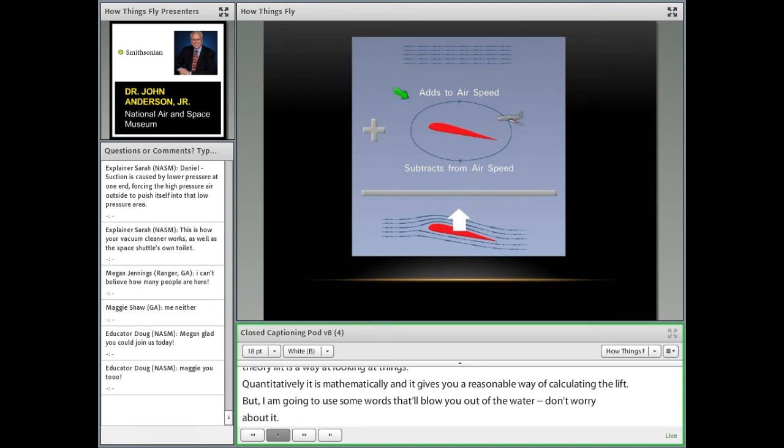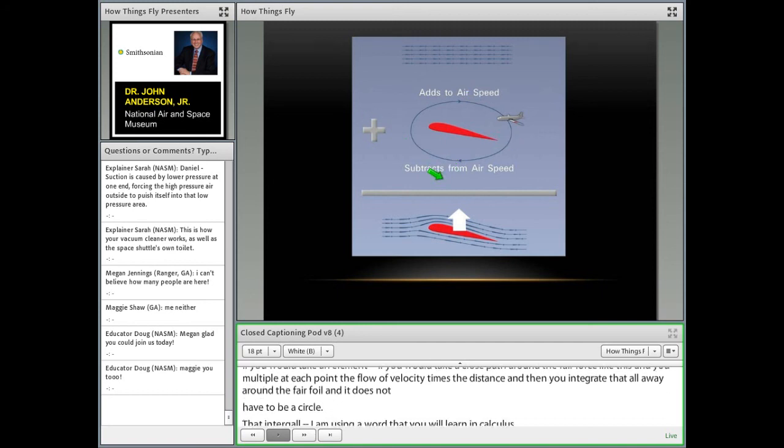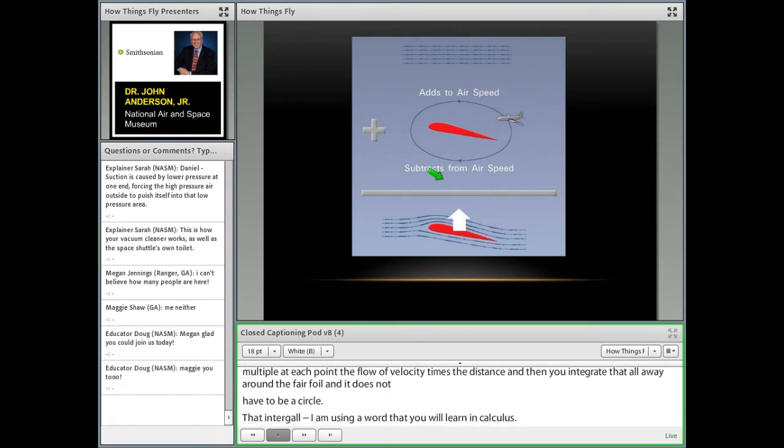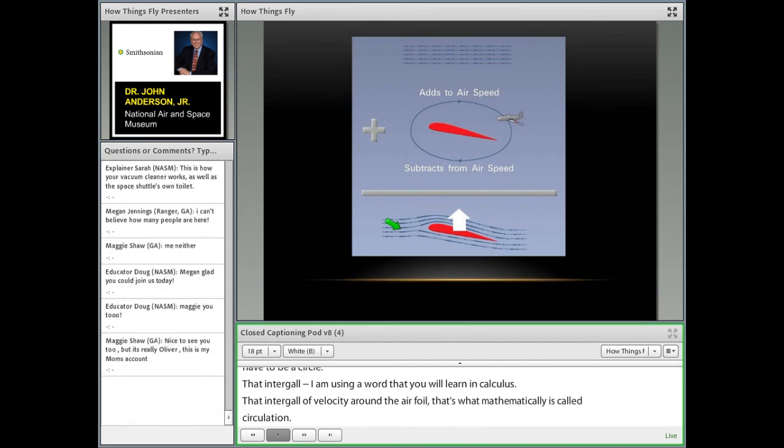You can integrate it around the airfoil. That integral, I'm using a word that you'll learn about in calculus, that integral of the velocity times the distance around a closed path around the airfoil, is what mathematically is called circulation. And that's the thing that you multiply by the free stream velocity and the density of the air, and that gives the lift mathematically.